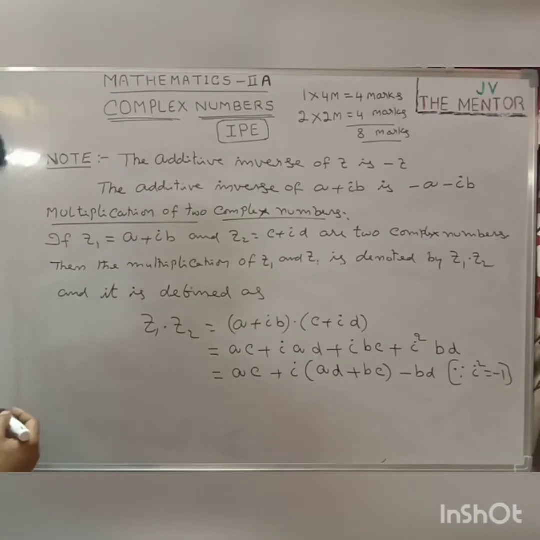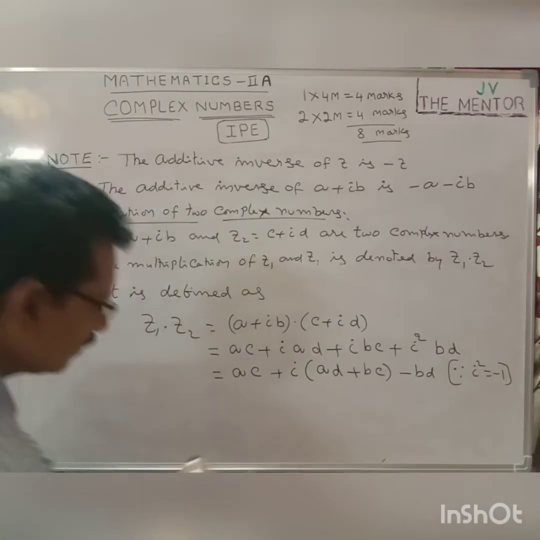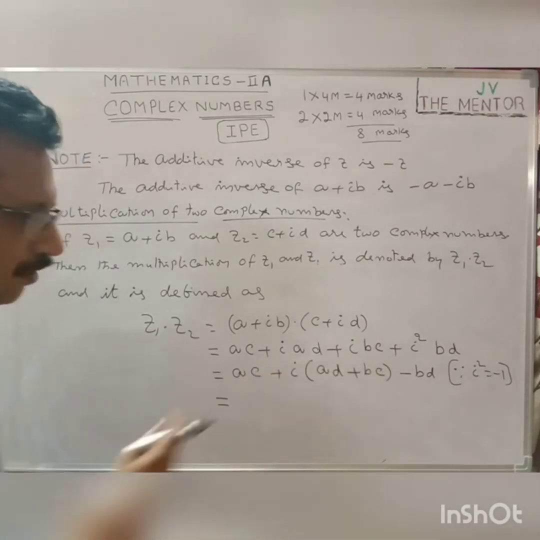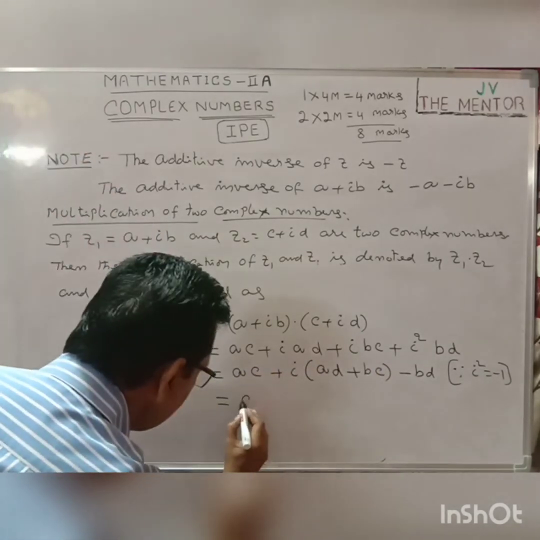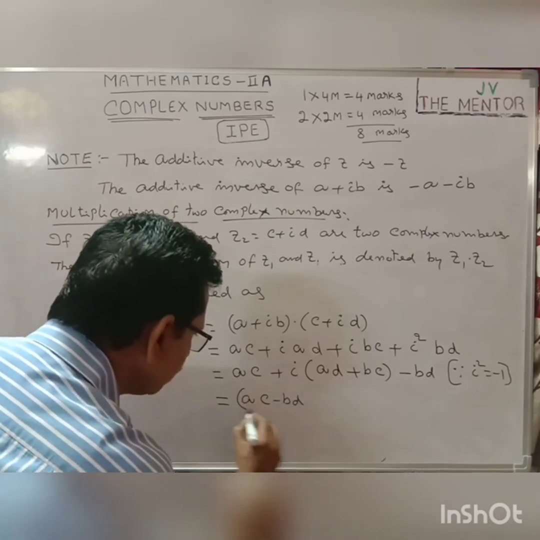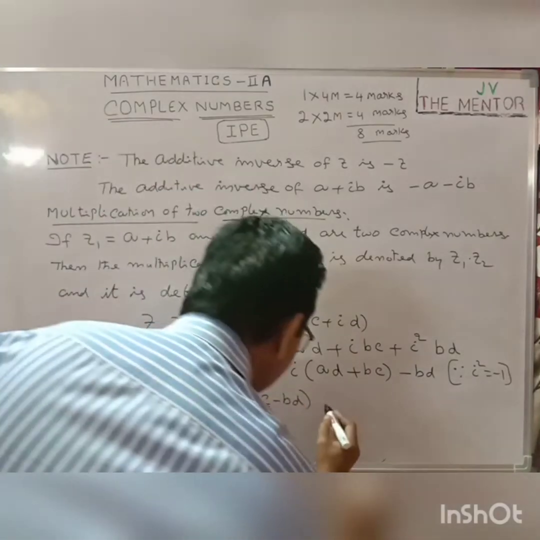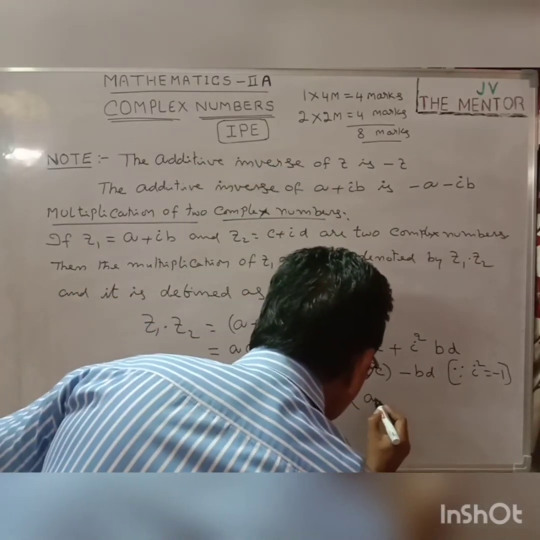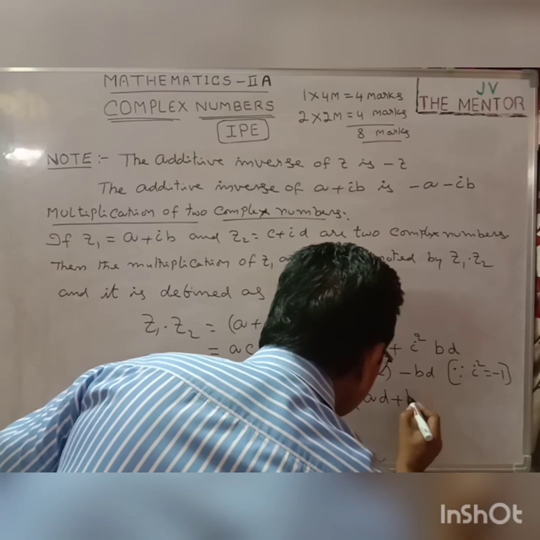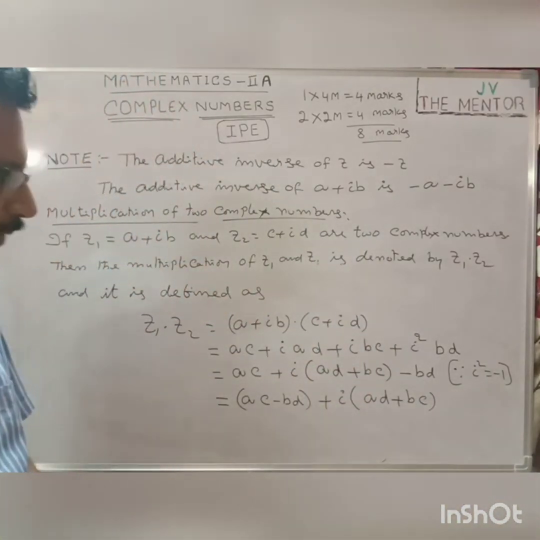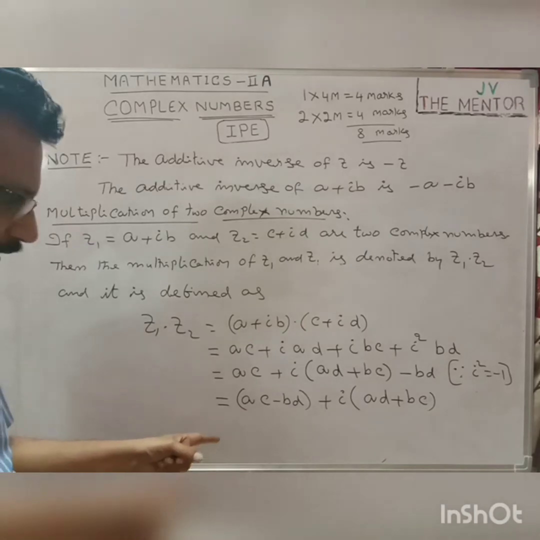Okay. Now separate the real and imaginary parts. Now here what is the real part? Here real part is AC minus BD, plus I into AD plus BC. It is of the form A plus IB form. Okay now.